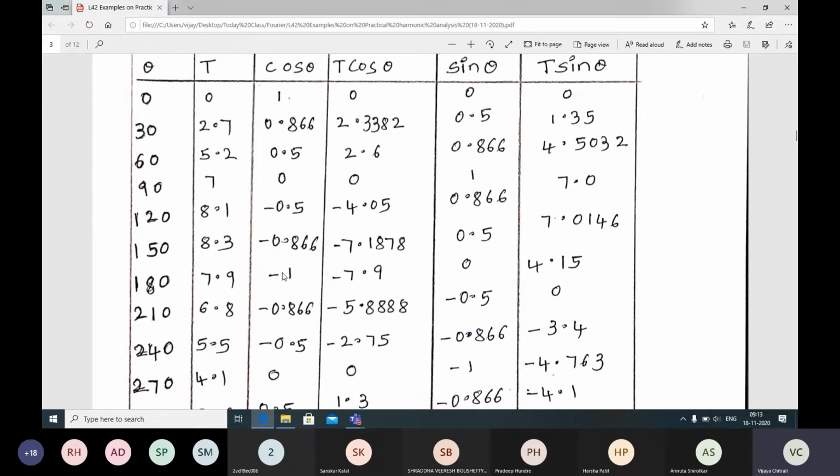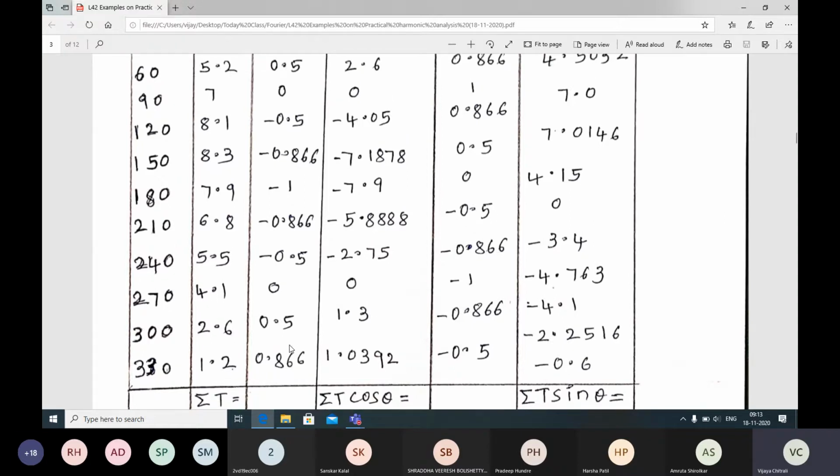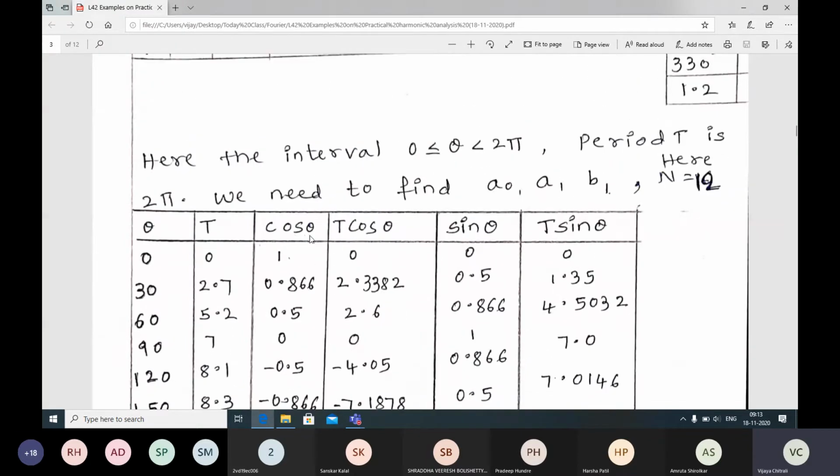Substitute 180, that is minus 1. Substitute 210, minus 0.866. Substitute 240, minus 0.5. Substitute 270, 0. Substitute 300, that is 0.5. And substitute 330, I'll get 0.866.